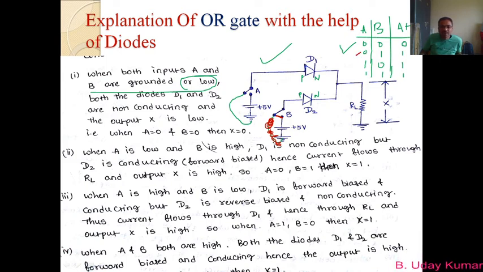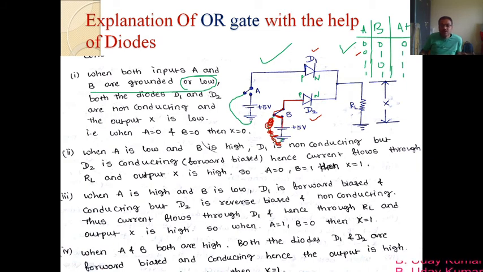So for A 0 and B 1, what happens? Now this diode D1 will be in reverse bias condition, but for D2, this P type semiconductor is connected to +5 of the battery. That means D2 will be forward biased. So now D1 will be in reverse biasing condition, but D2 will be in forward bias. That means it allows the current to pass through it.